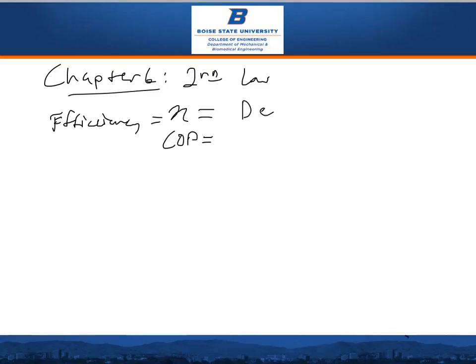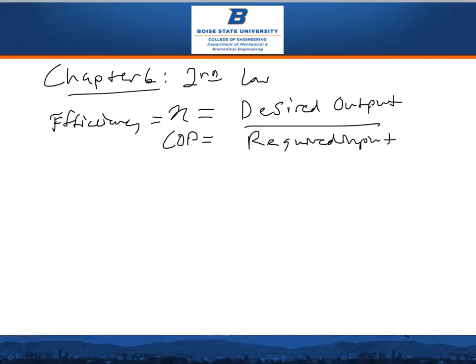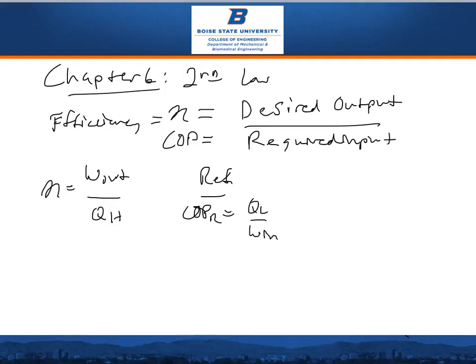It's going to be our desired output over our required input. So for heat engines, it's going to be the work out over QH. For refrigerators, COP_R is QL over W in, and for heat pumps, COP_HP is equal to QH over work in.